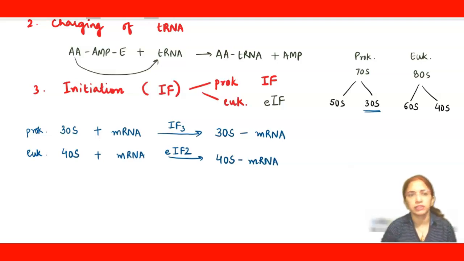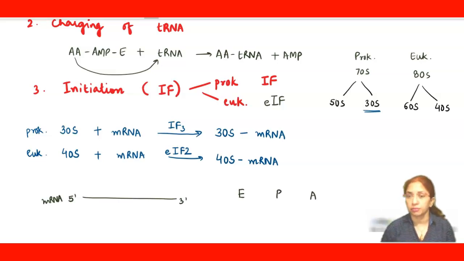Right? Once we are done with this step, this is our messenger RNA, and this is our 5 to 3 prime. And one more thing I just want to tell you: the ribosome has 3 sites on it, E site, P site and A site.